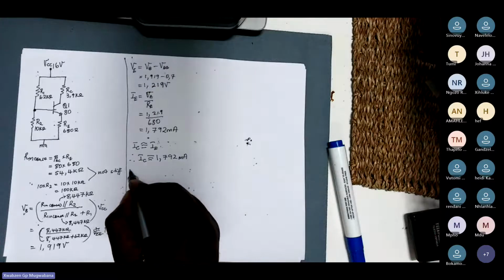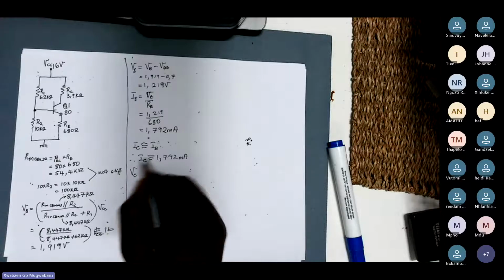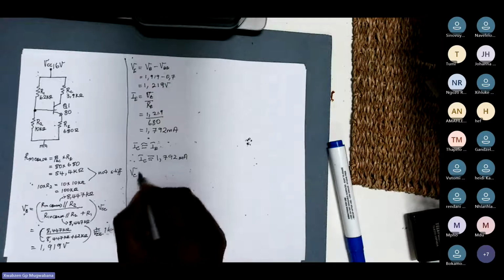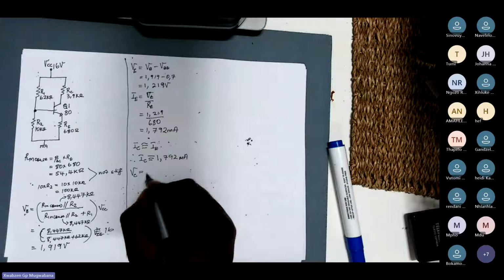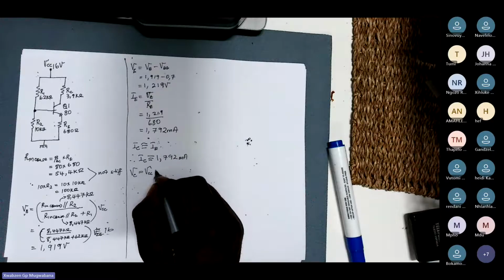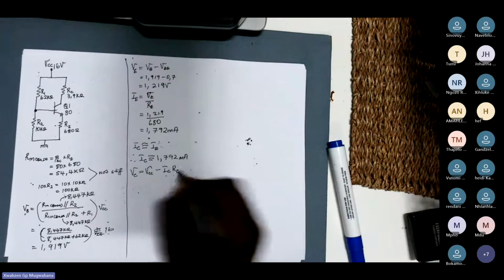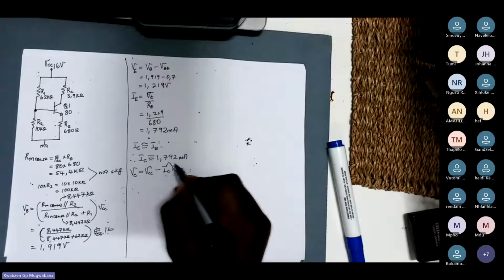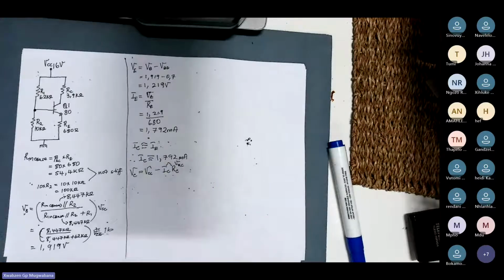Now I will say, let me find what is VC, because I have determined IC according to the equivalency of IE. VC will be given by VCC minus ICRC. Remember, this equation comes from VRC, this equation that you see here.